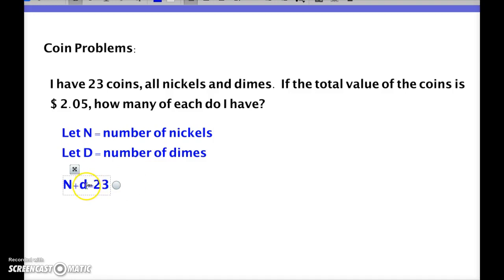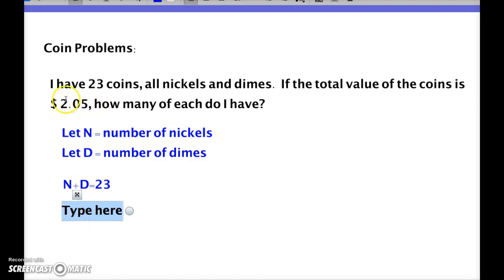So I need to think about how I get the value of the coins. Well, if I have n nickels and each one of them is 5 cents, I have a choice. I can either do everything in the problem in cents, or I can do everything in terms of dollars.